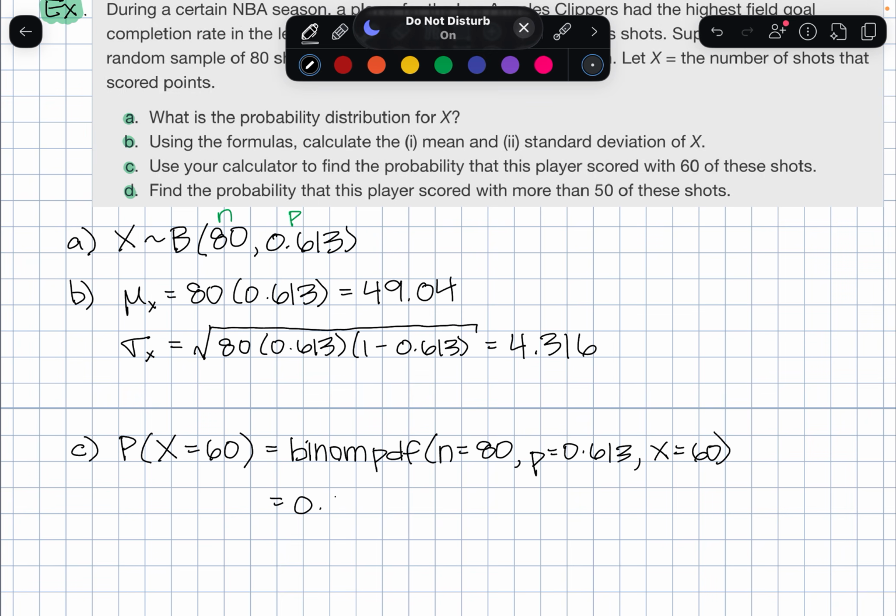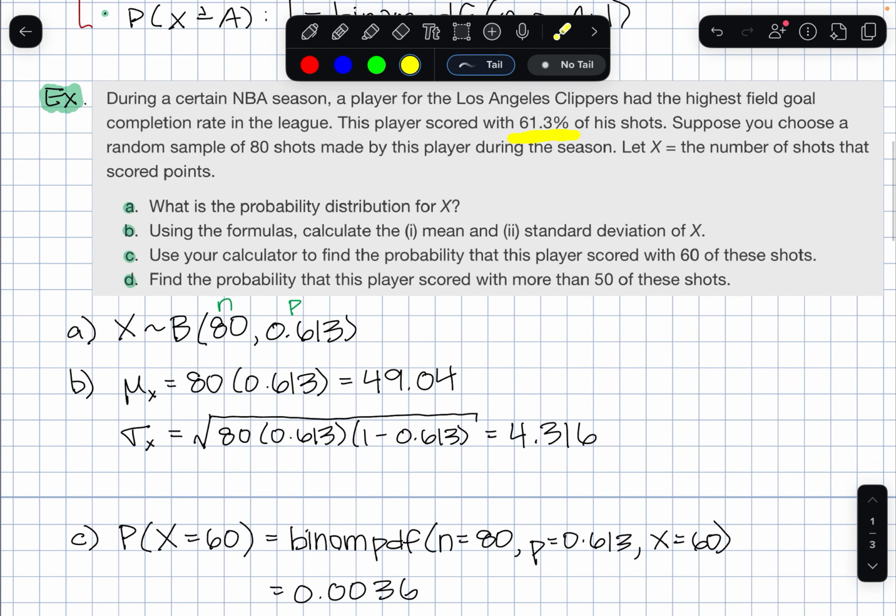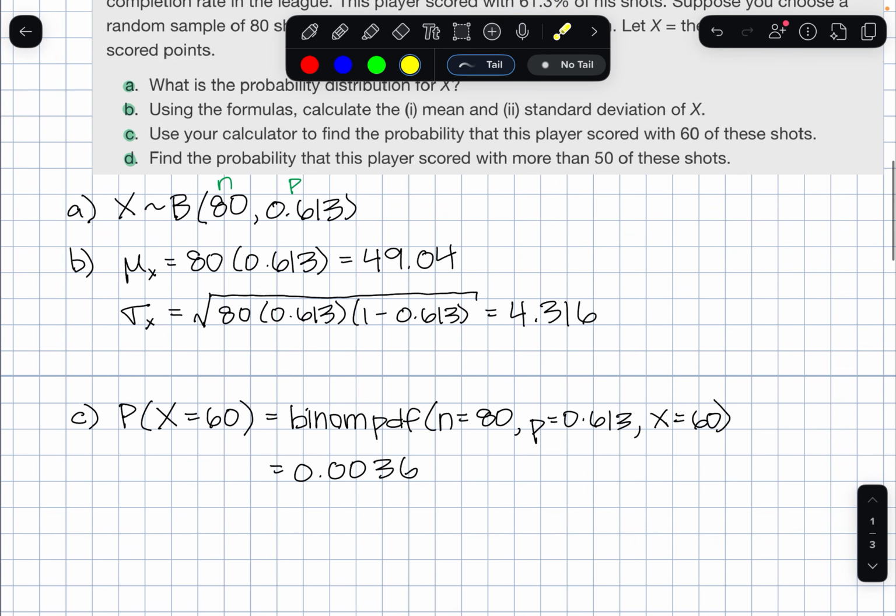And I remember percent, I move the decimal place over twice. That's less than 1% chance that with a success rate of 61.3%, that he's going to make exactly 60 of his shots, which makes sense because his average is a little bit less than 50.